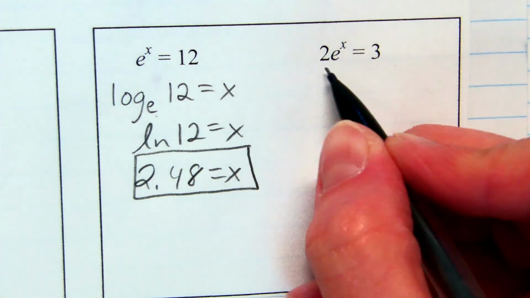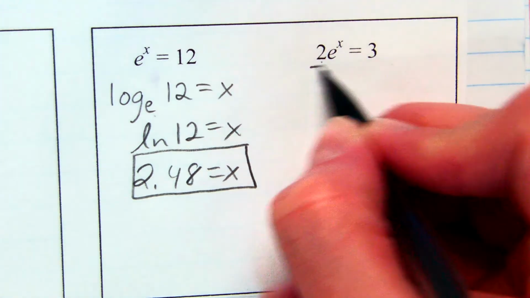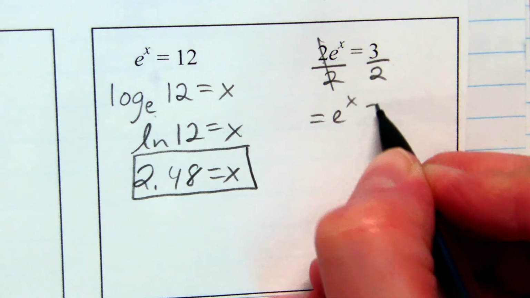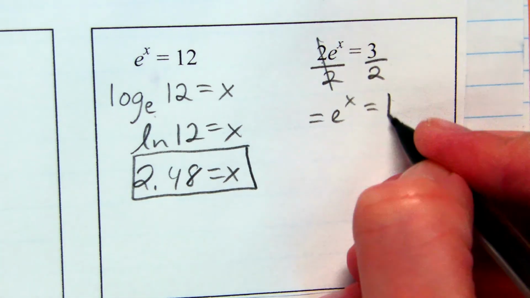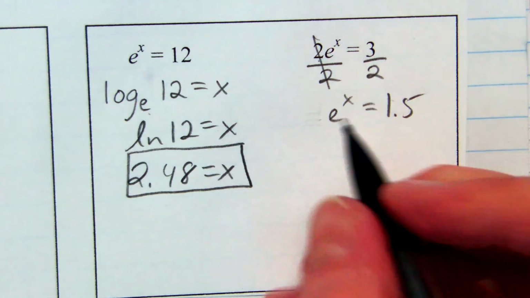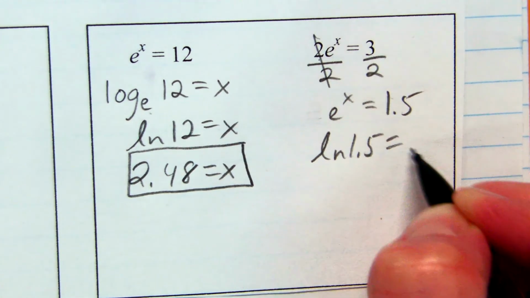And then they can also do extra steps with those. So this one has a 2 in front of it. So you get rid of that by dividing by 2, and you got e to the x equals 1.5, or you could leave it 3/2 if you wanted to. So log form would basically just be natural log of 1.5 equals x.